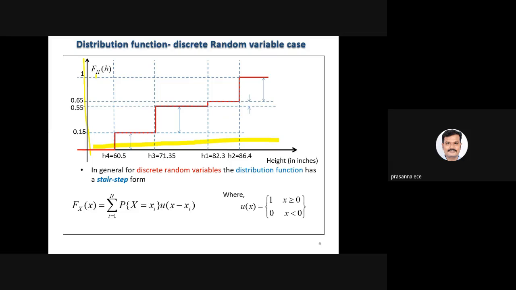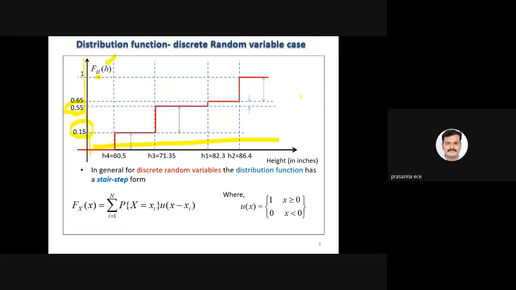Since our random variable is already denoted by capital H, I'm using F of capital H, and inside the brackets the argument is small h. You can see I have some values denoted on the y-axis right here.